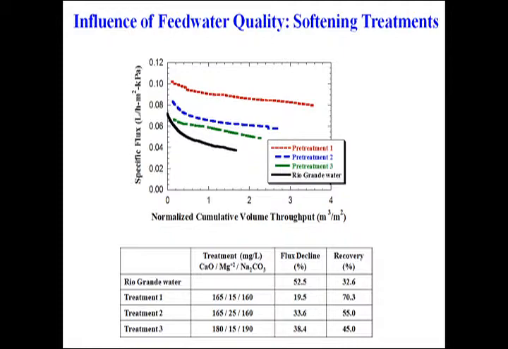So again, the details aren't critical to you here, but the point is that with pretreatment, you can make tremendous differences in how much water you get out of the membrane. Of course, it costs you money to do that, and so it's a trade-off. Do you get a dollar value out of this sort of pretreatment? And the answer is oftentimes yes, if you can make this kind of difference.